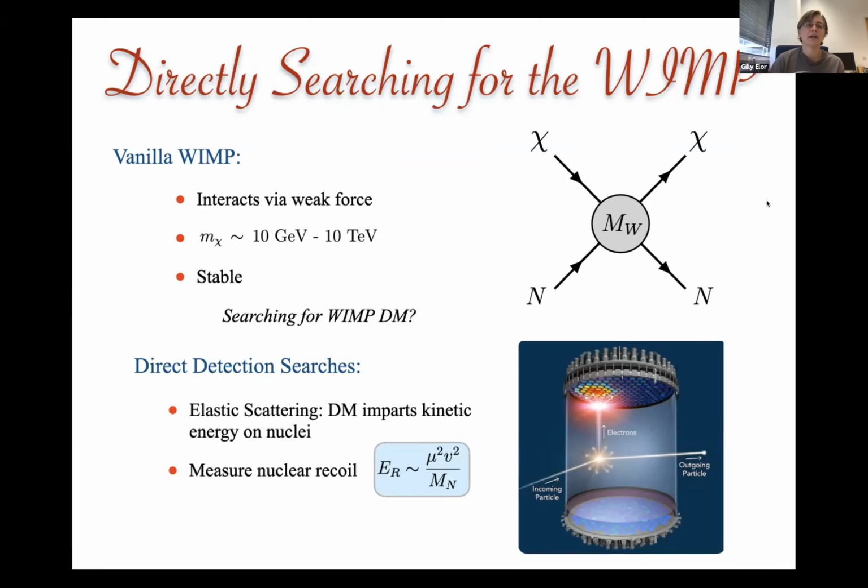It has a mass of 10 to 100 GeV, or 10 GeV to 10 TeV, and it's stable. And as Ricardo was just telling us, we can search for these WIMPs in direct detection experiments by just waiting for them to come and scatter off of the target material. In this case, the recoil energy that's measured is proportional to the velocity of the dark matter.